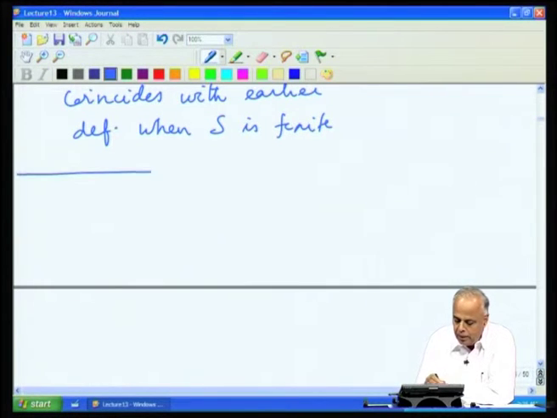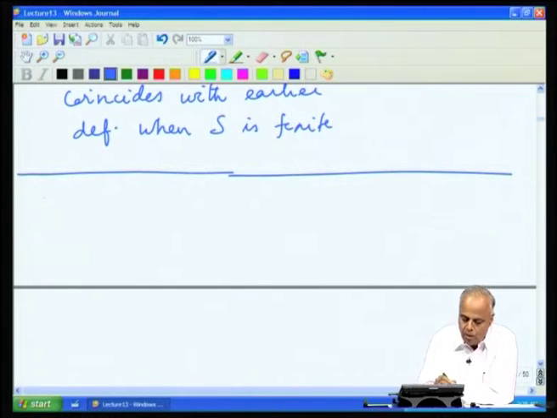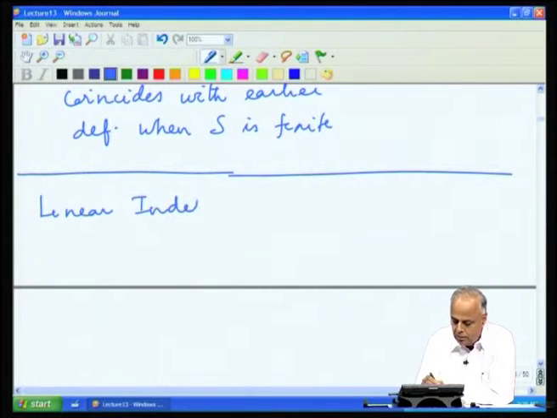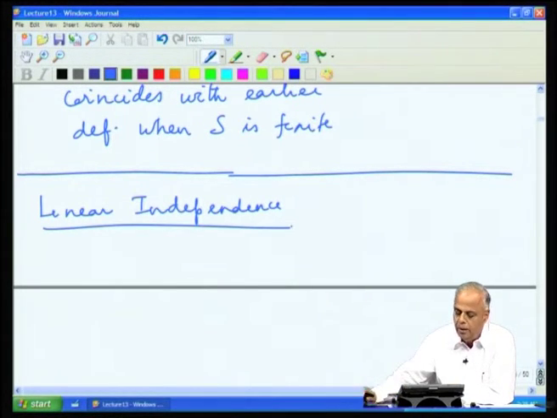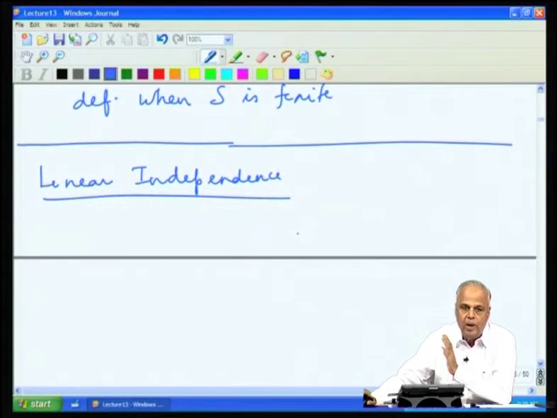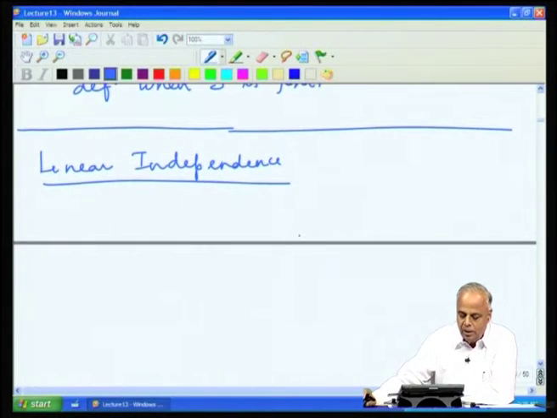The next important thing is the notion of linear independence. Recall that we had this notion only for finite sets. We had the notion of L(S) only for finite sets, and from that we generated the notion of L(S) for infinite sets. Now, we have so far the notion of linear independence only for finite sets. From that we are going to generate the notion of linear independence for infinite sets.